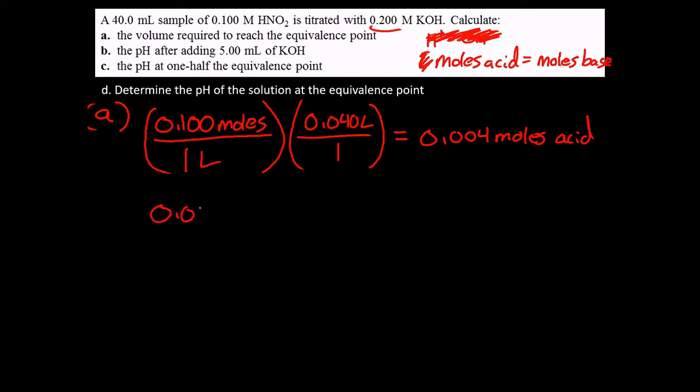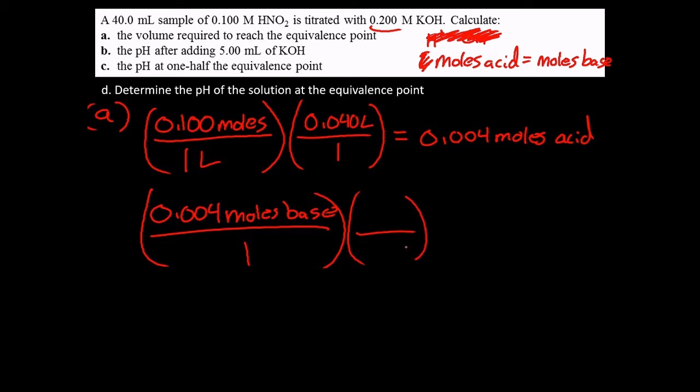Well, if we need 0.004 moles of base, and we know the concentration, we can do the opposite of what we did in the first part and say, if I know I have this many moles of base, I can divide that by the molarity, and that will get me 0.02 liters of the KOH, of the base. So I will need 20 mL.